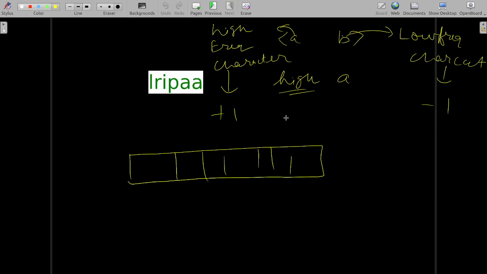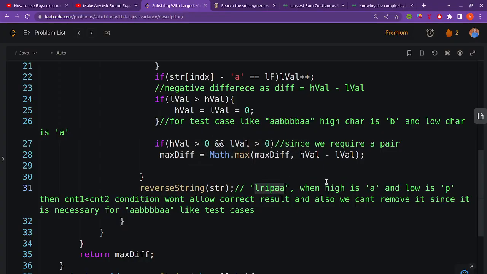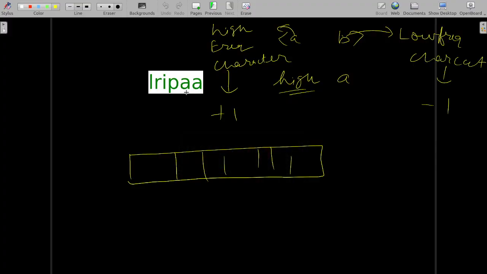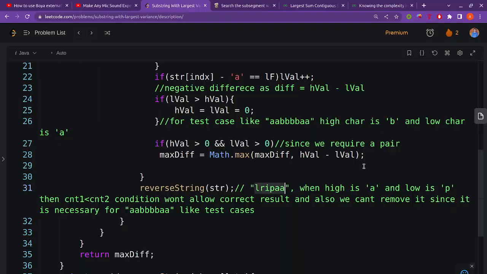For example, in this particular example, let A be the higher frequency character and P be the lower frequency character. If you move left to right and apply this algorithm, this part of the code handles when the lower frequency character has a higher frequency as of now than the higher frequency character's current frequency.